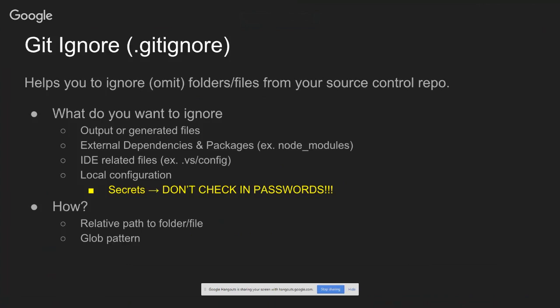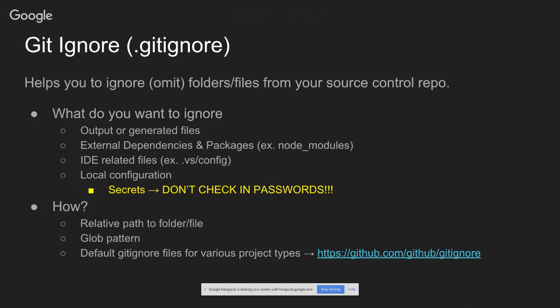It's going to be empty, probably just ignoring very rudimentary things. You still will have to go in and edit that file or get that file from this website. And this is updated pretty regularly too. All right. Good questions. Any other questions on .gitignore?